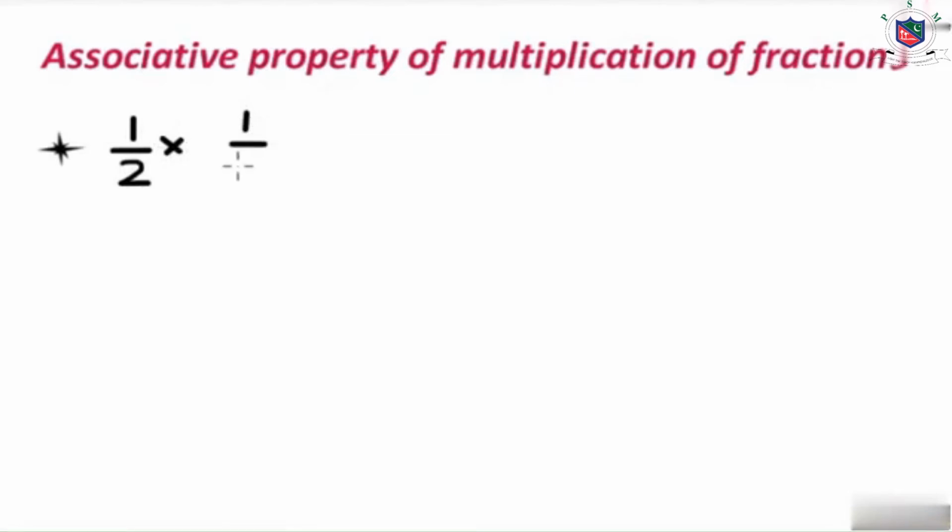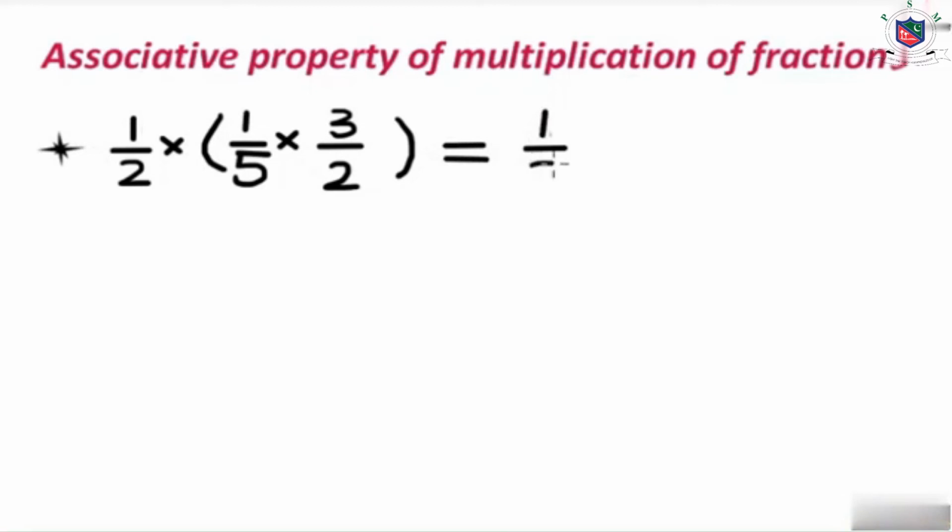answer. Let's take one more example, and that is 1 upon 2 multiplied by 1 upon 5 multiplied by 3 upon 2 is equals to 1 upon 2 multiplied by 1 upon 5.